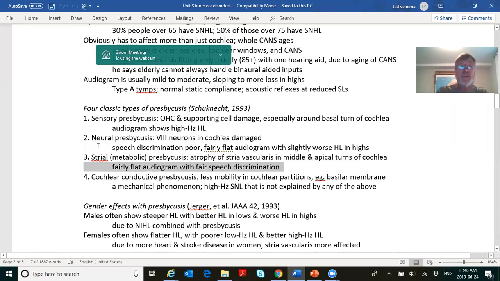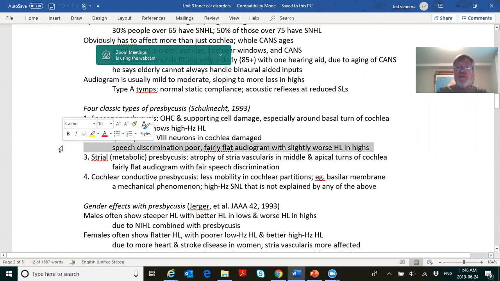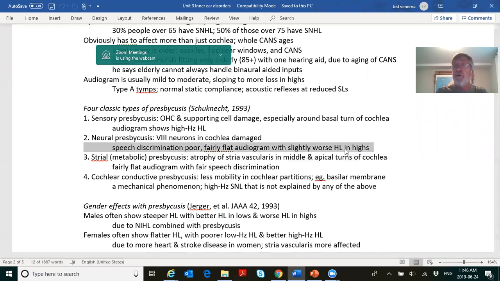Neural, poor speech discrimination, fairly flat audiogram with slightly worse hearing loss in the highs, and I would add slightly worse hearing loss in general, because outers tend to die before inners, and usually, not always, but usually, neural loss will be slightly worse than sensory, because inner hair cells are also involved.